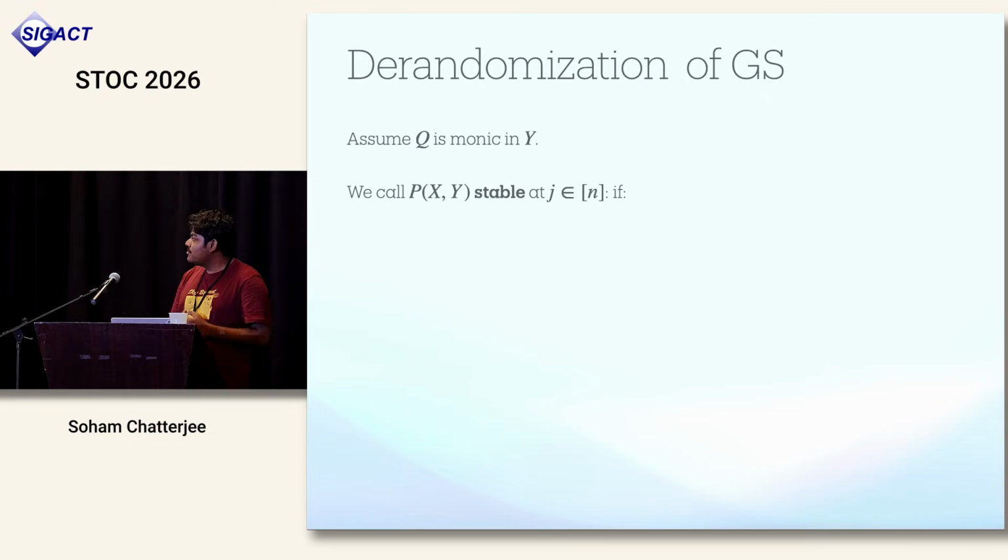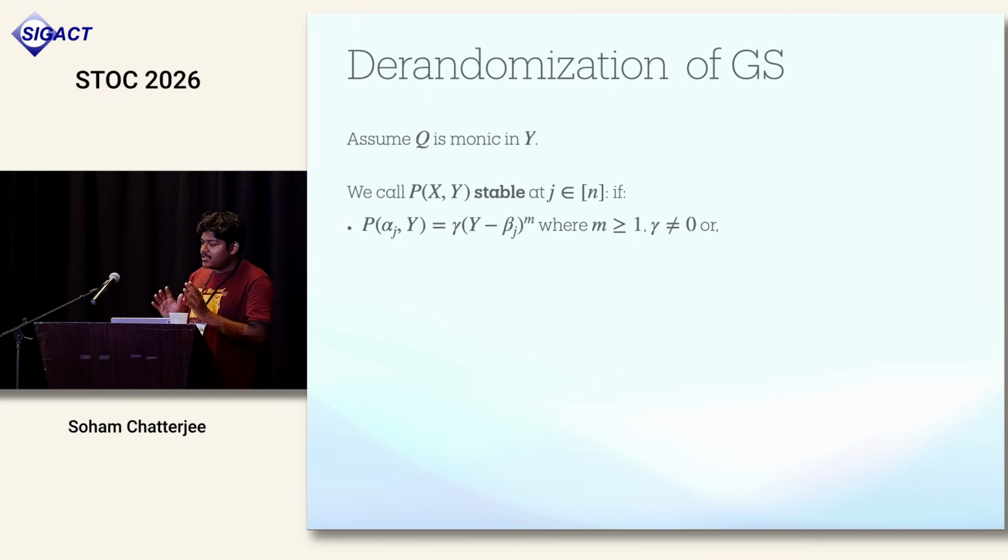A bivariate polynomial P(x, y) is stable at the jth coordinate if, when you put x equals alpha_j, either y minus beta_j is the only factor of P(alpha_j, y), otherwise P(alpha_j, beta_j) is non-zero. So if it is 0 at (alpha_j, beta_j), y minus beta_j should be the only factor of P(alpha_j, y); otherwise it's non-zero.